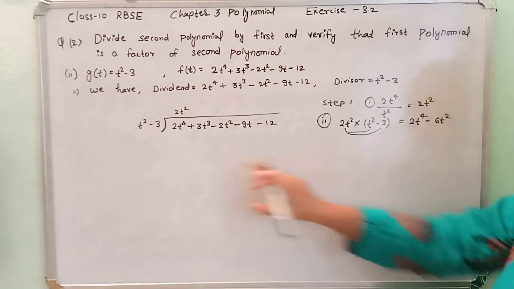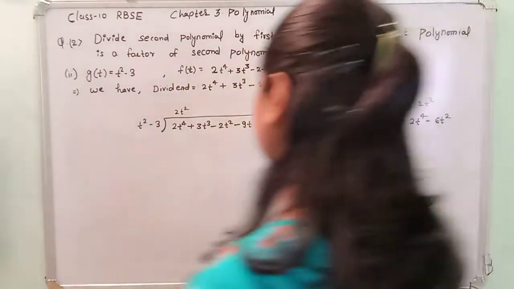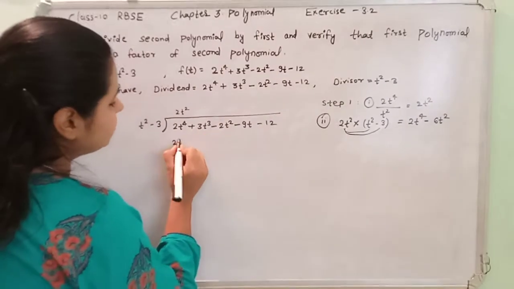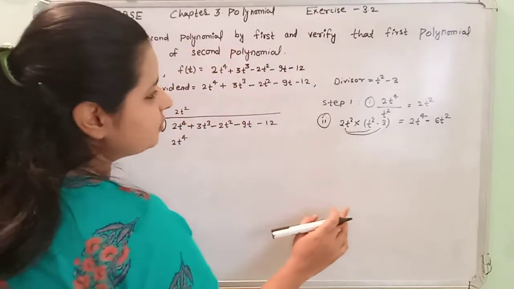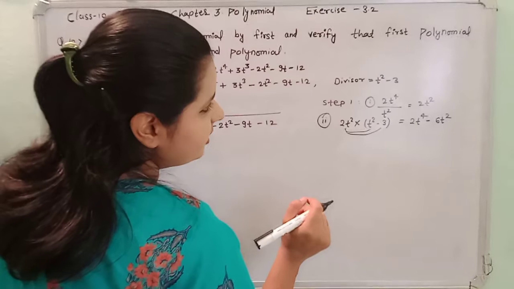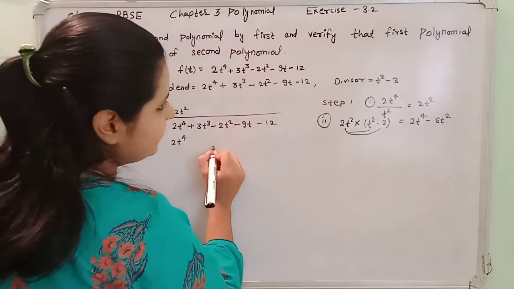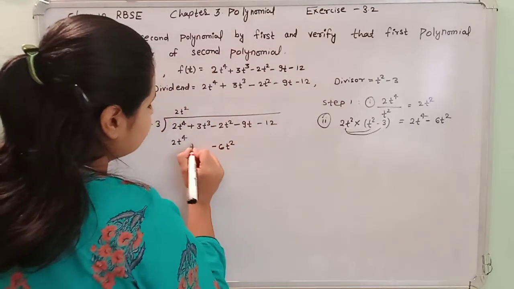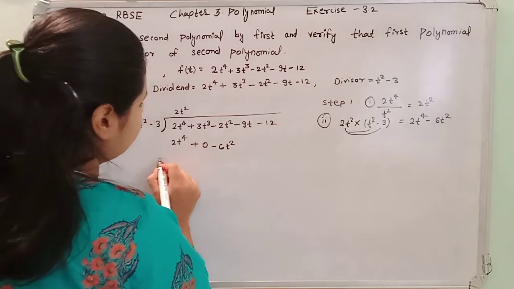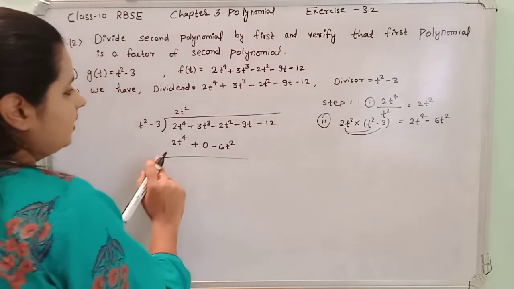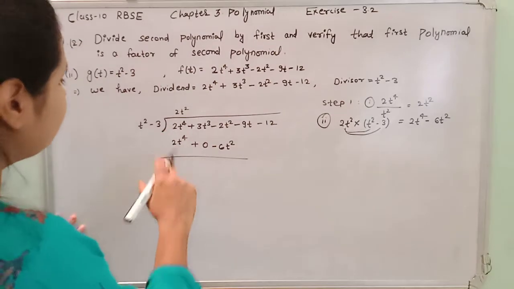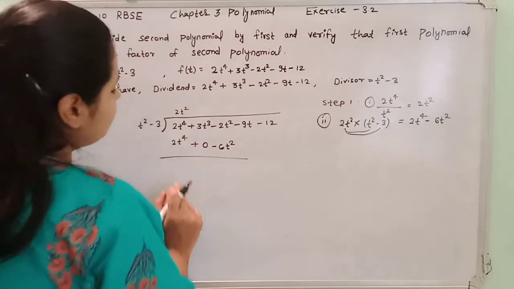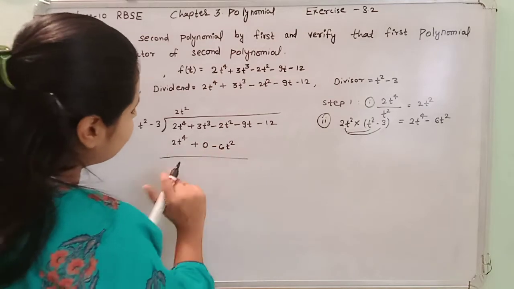Now we will write this here below. So 2t raised to the power 4, and we have minus 6t square, which means we don't have a term with power 3. So we will write here minus 6t square and below here we will put the 0. Fine. Now the first terms are equal in both the polynomials. So now we will multiply all the terms with the negative.